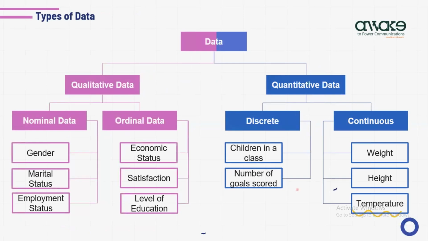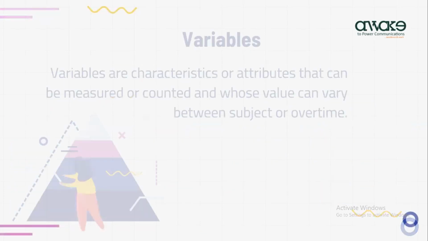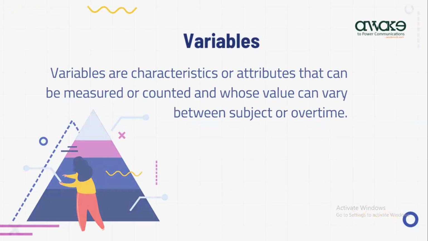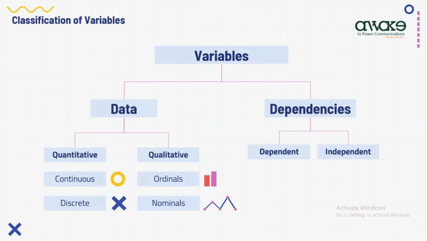Variables are made up of data. So when we see that variables are made up of data, it takes us into the classification of variables. So how do we classify variables? In my experience, I have decided to classify variables into the data they represent and into dependencies.